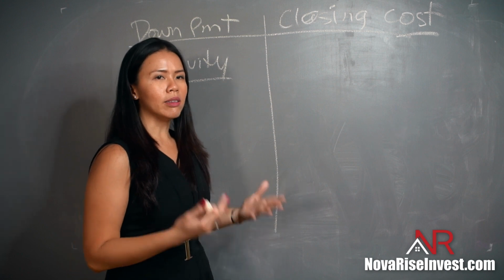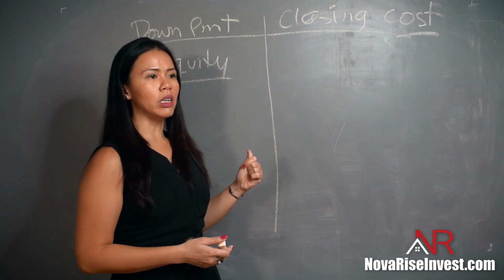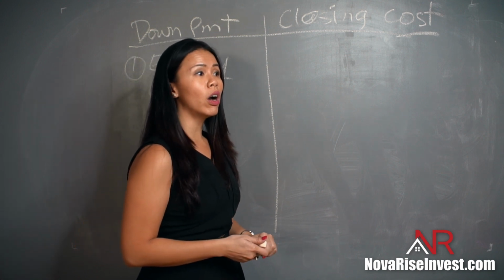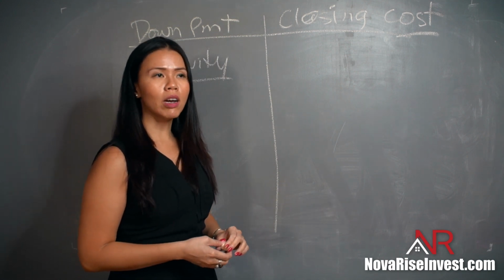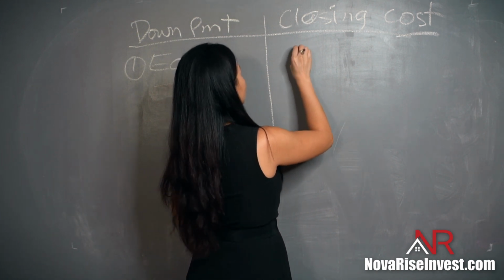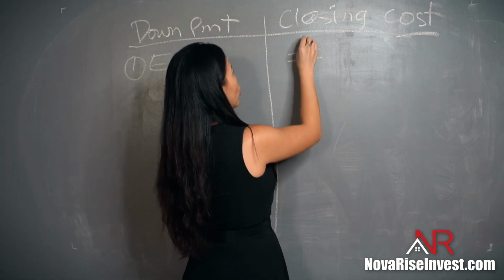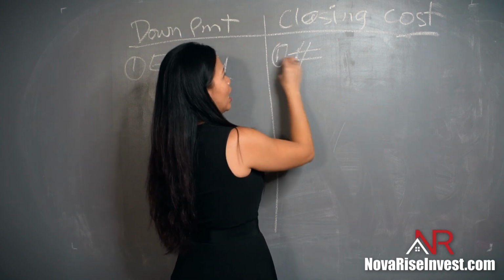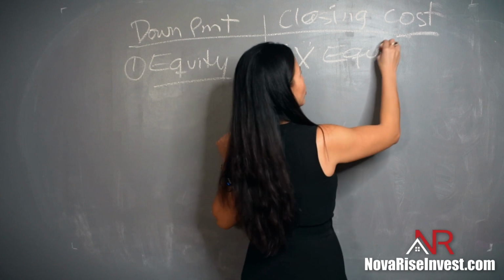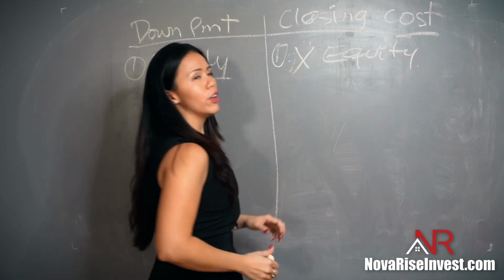Call it the title search, call it the real estate attorney that's helping you with the closing, depending on the state that you are, some of the inspections that you have to pay for, etc. So these are actually fees and they don't go towards the equity. That's an X right here. They don't go towards the equity of your property.